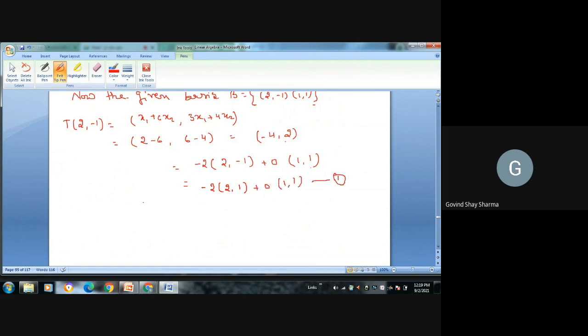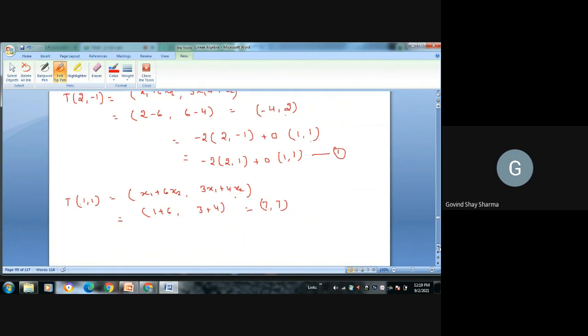Now T(1, 1). Our transformation is (x1 + 6x2, 3x1 + 4x2). This gives (1 + 6, 3 + 4), so this is (7, 7).